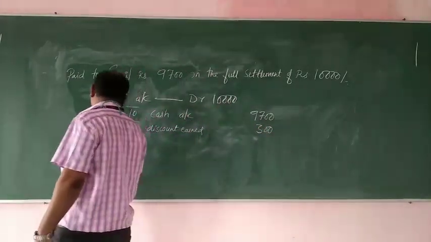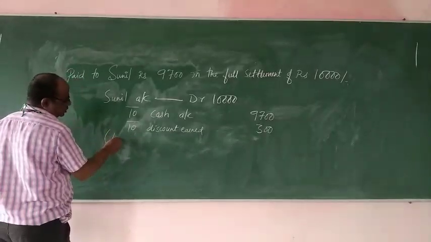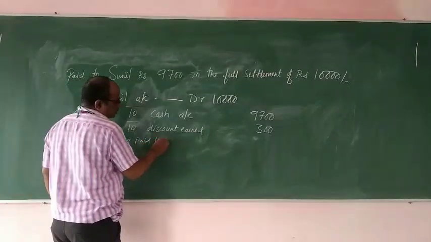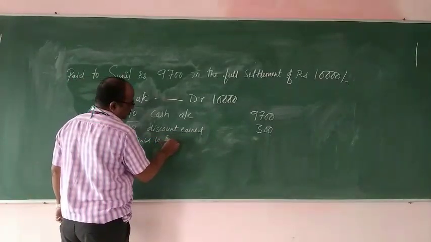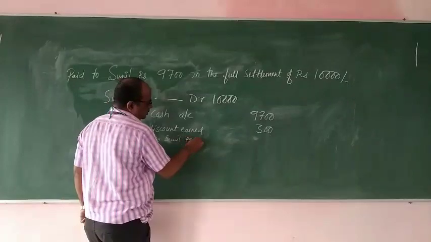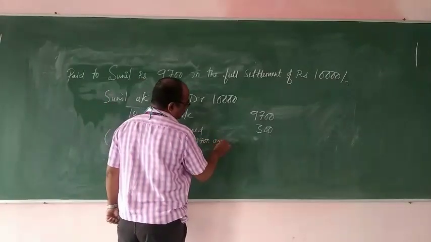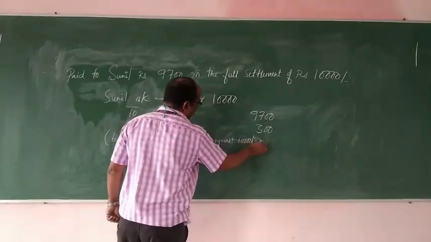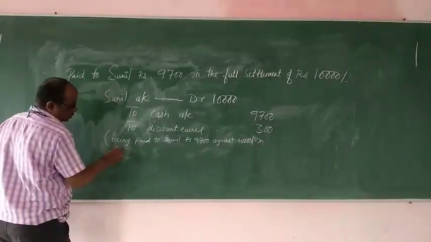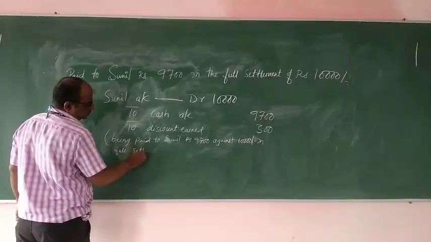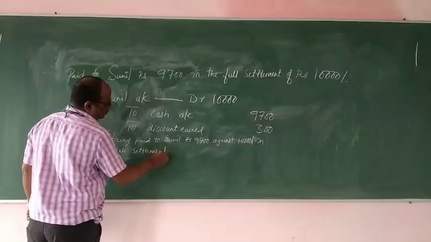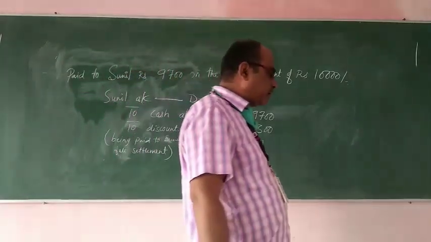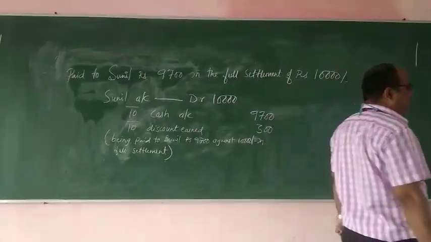So you will write the same narration: being paid to Sunil rupees 9,700 against 10,000 in full settlement. Is that clear? So this is how we will show the journal entries, compound journal entries.